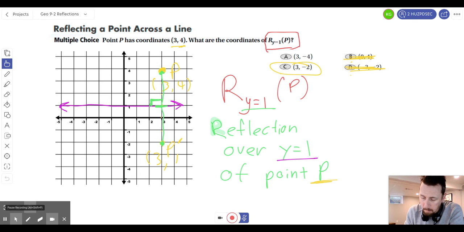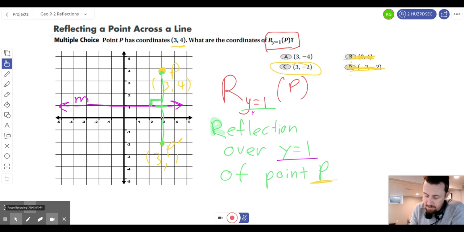Now, another way that I could have done this is I could have named this line, and I'll name it M, as in mirror. And then I could have changed this to say, instead of over y equals 1, just R over M. So that's another way to ask the same kind of question.